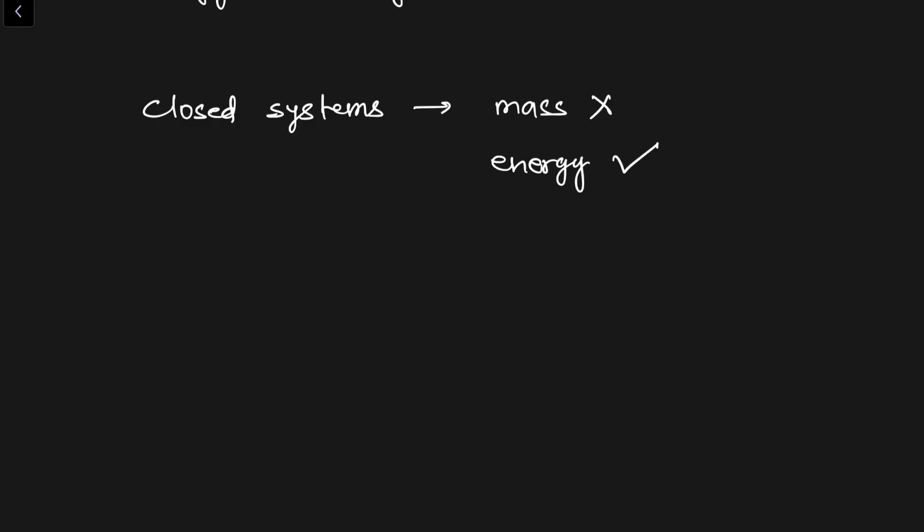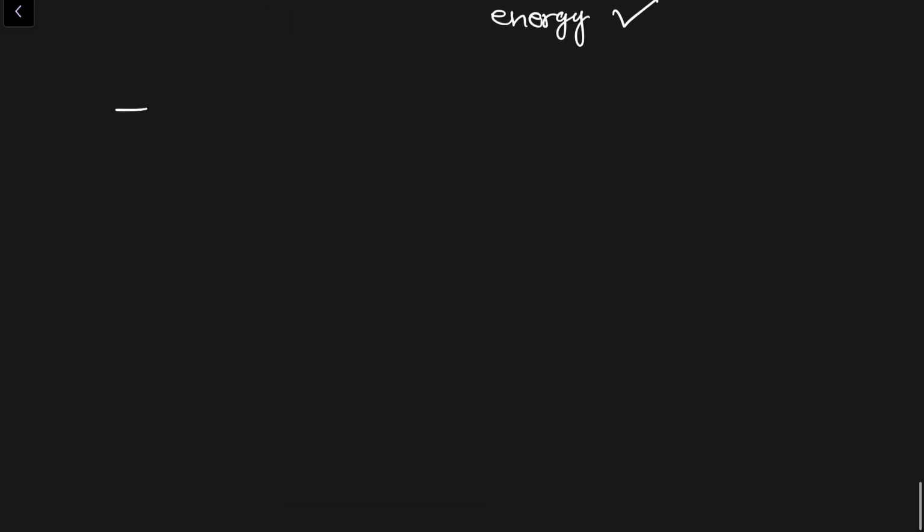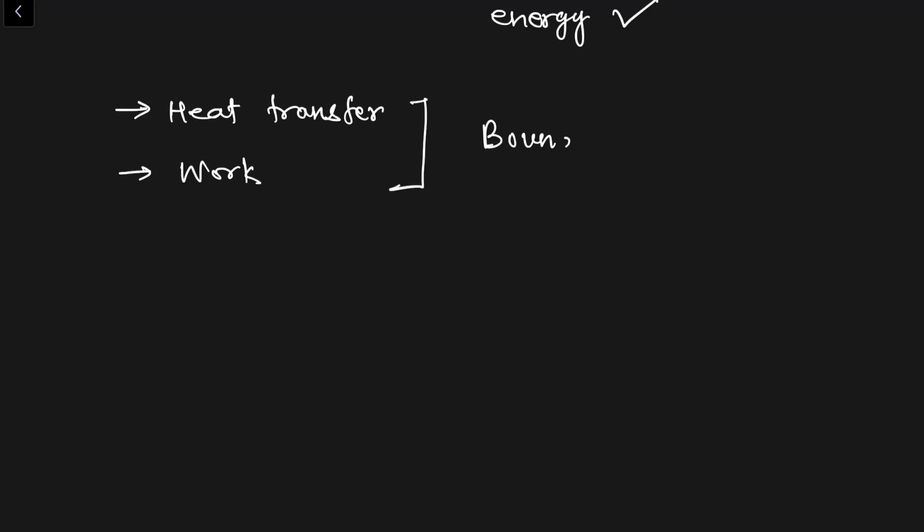And this energy transfer in a closed system can be done in two ways: in the form of heat transfer, or in the form of work. In these two ways, energy can cross the closed system boundary, and both of these are boundary phenomena.